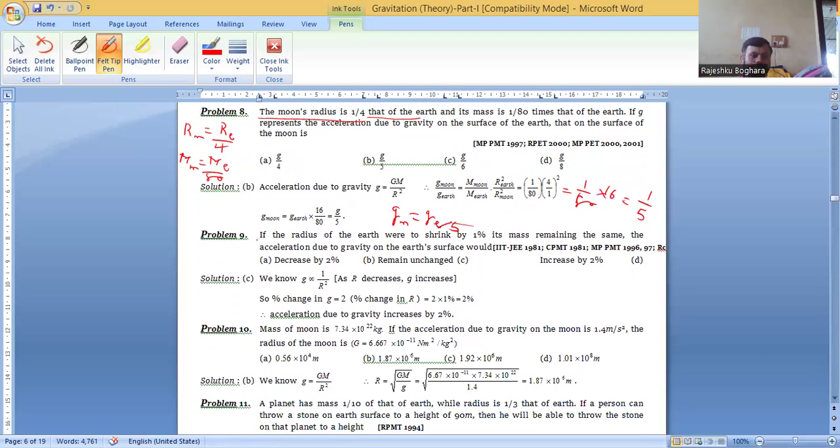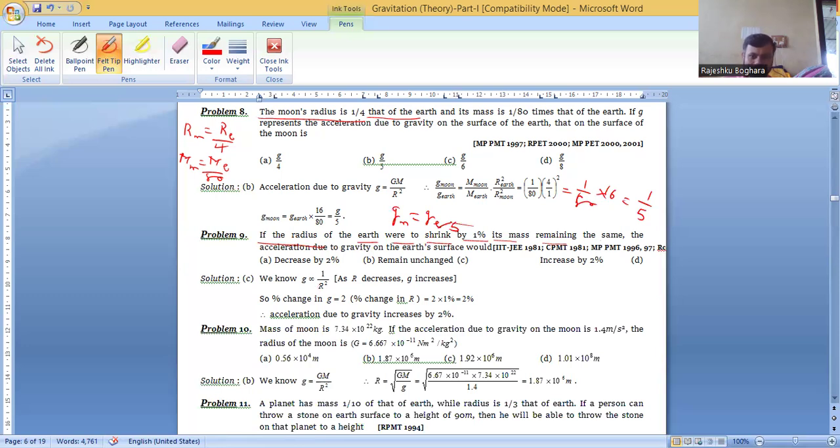Next, if the radius of the Earth were to shrink by 1%, its mass remaining the same, the acceleration due to gravity on the Earth's surface would be what? The radius changes by 1%, meaning it shrinks, decreases. Mass is constant, so g is proportional to 1/R square.